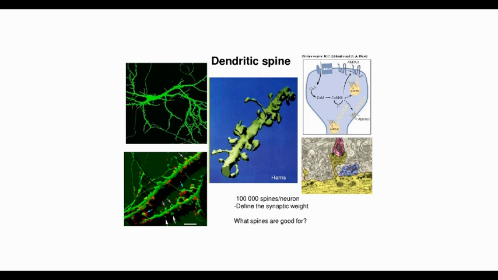When you have such a connection that is well established, this is what is called a synapse. Upon activation of the presynaptic terminal and release of neurotransmitter, you can have opening of the channels and entering of calcium, as you can see here.